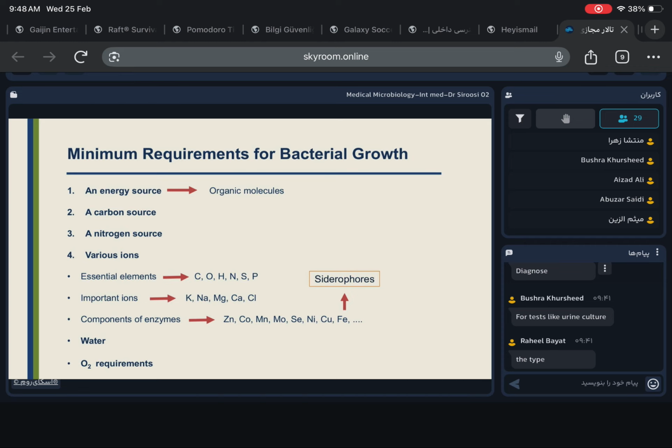Iron is particularly very important, because when bacteria enter into the host, when they enter into the human body, you should know that the free iron concentration in the body is very, very limited. So when they enter into the host, they must acquire iron from these low concentrations.